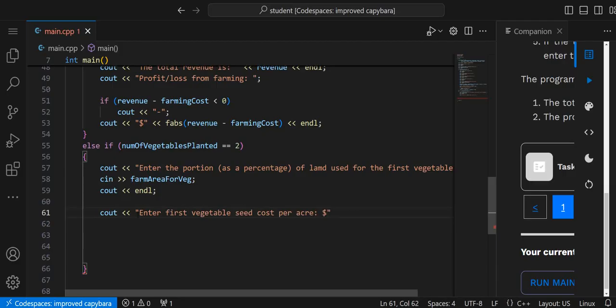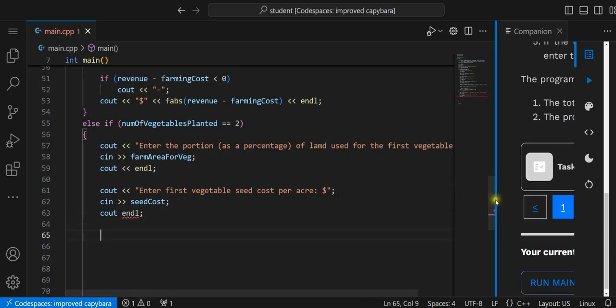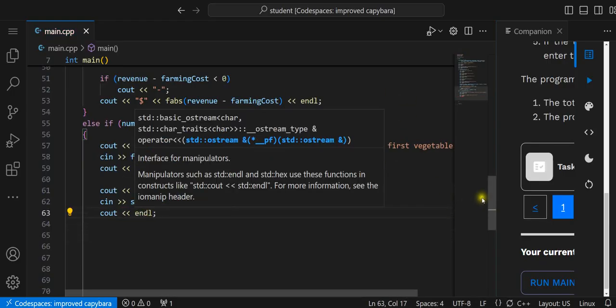And we'll go ahead and semicolon that. And we'll use cin, and we'll use the seed cost variable again. Endl. And one good thing about this one, we should be able to use what we already did. Bad habit of that.